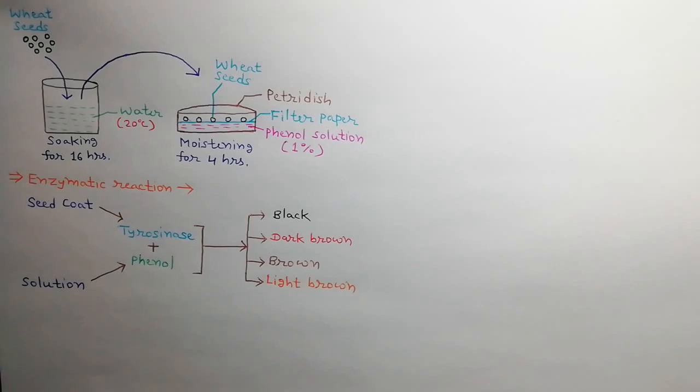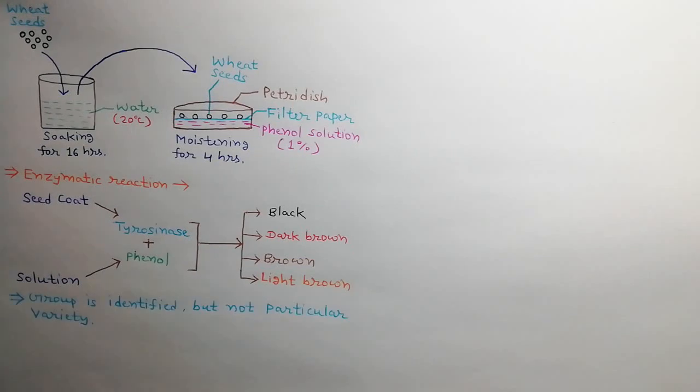The enzyme tyrosinase present in the seed coats reacts with the phenol solution to produce color, and the seeds of different varieties present in the seed sample are classified into different groups according to the darkness of staining: black, dark brown, brown, and light brown.